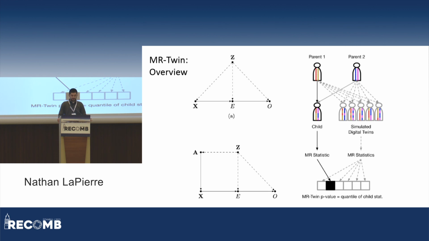The MR-Twin p-value is the quantile of the true child's statistic among this set of digital twin statistics. If you're familiar with permutation tests, it's a similar concept, except here it's conditioned on the parental genotypes, generating a null distribution of genotypes.